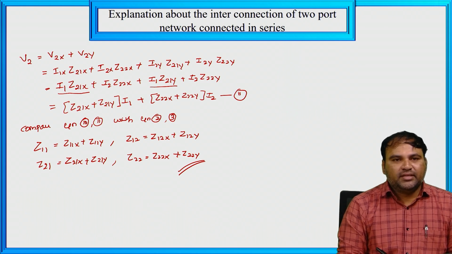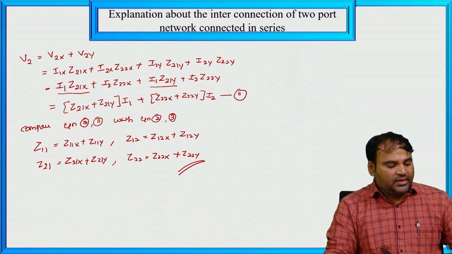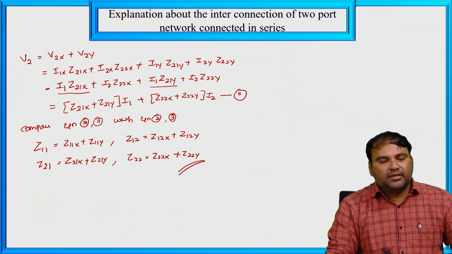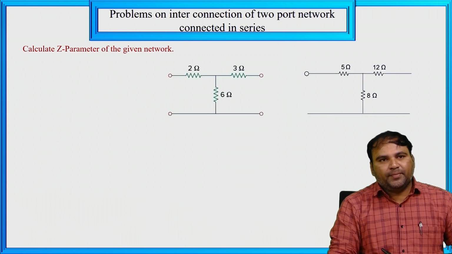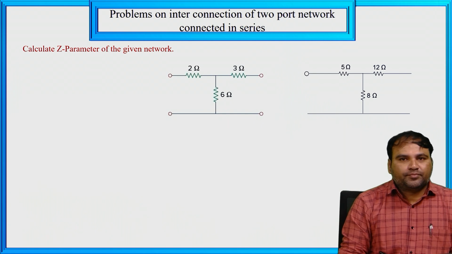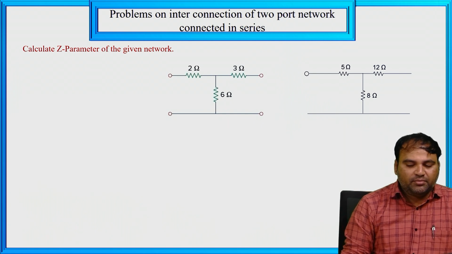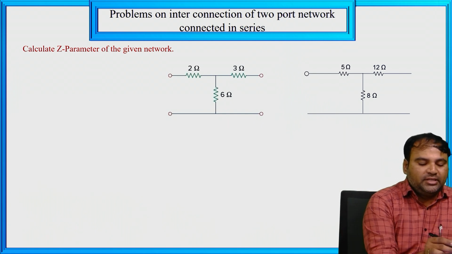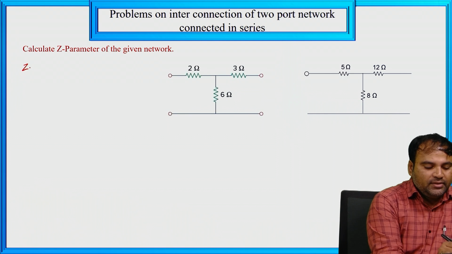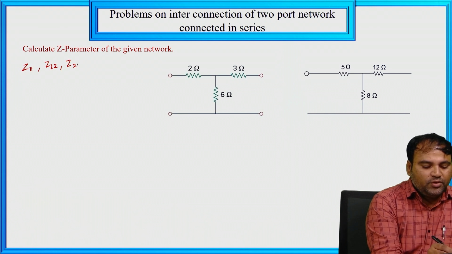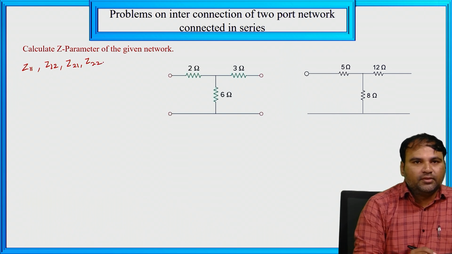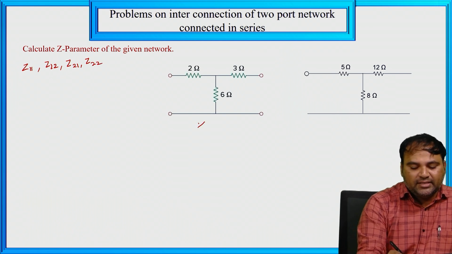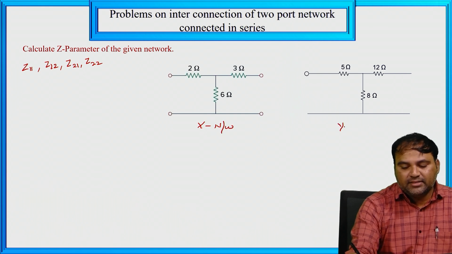Now we will discuss one problem on this series connection. In this problem we have to calculate the Z parameters Z11, Z12, Z21 and Z22. Let us take this as the X network and this as the Y network.